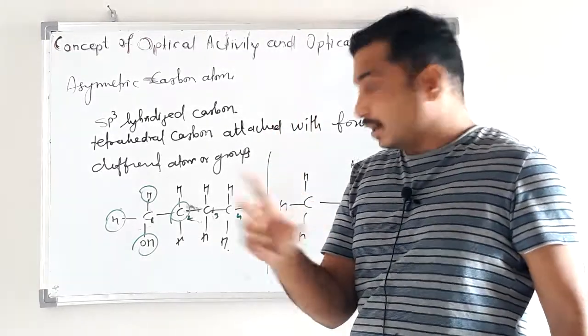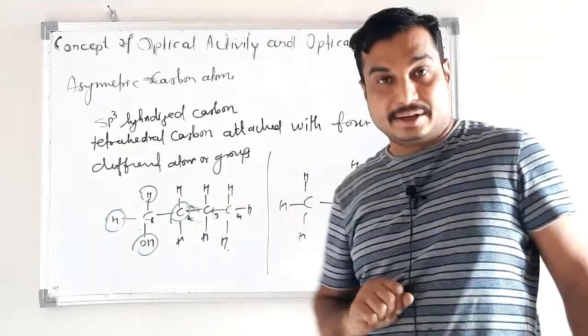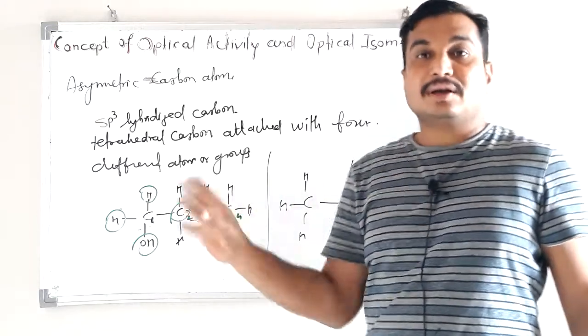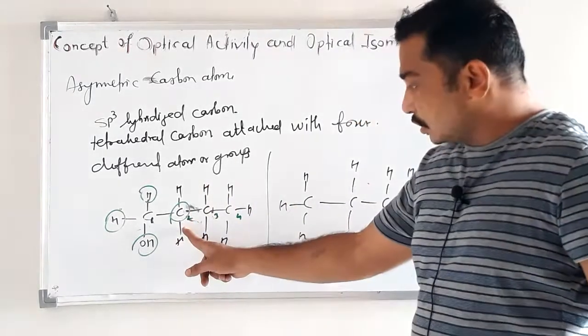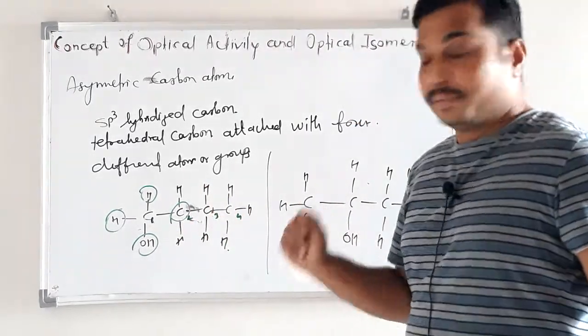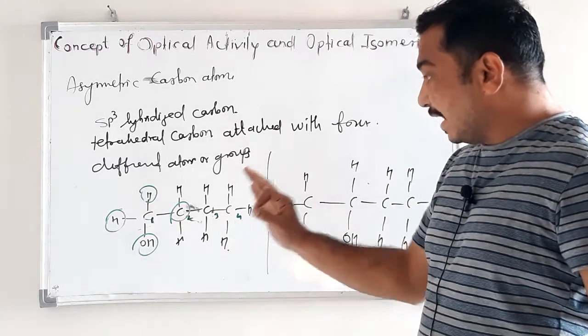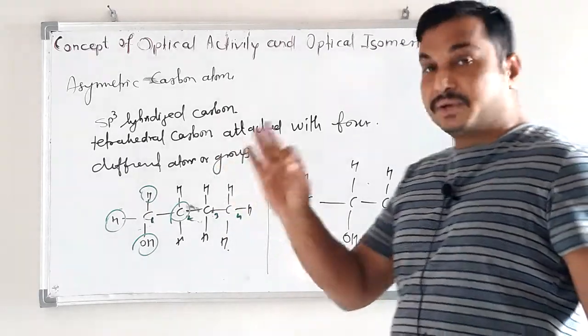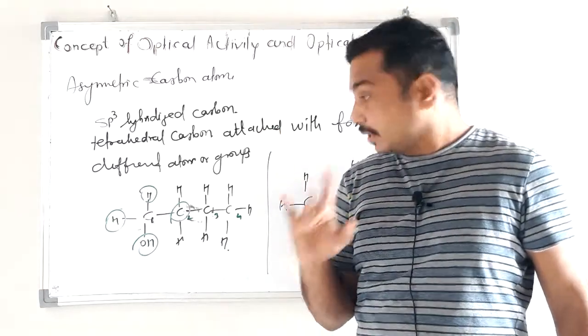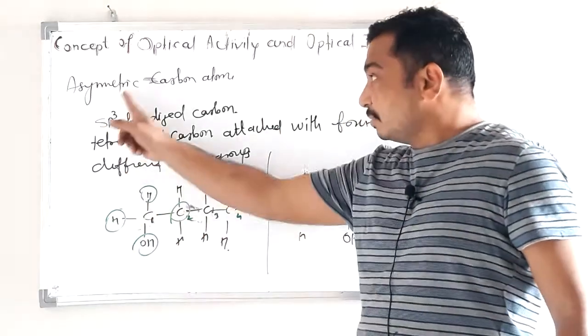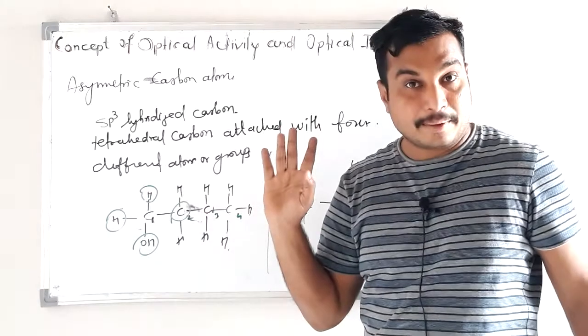Among the 4 groups attached to this carbon, 2 are identical. All 4 are not different. Same for C2, C3 and C4. This compound does not have even a single carbon atom with 4 different groups attached to it. So the asymmetric carbon atom is absent.